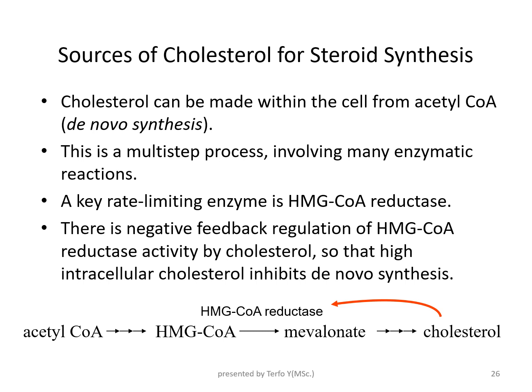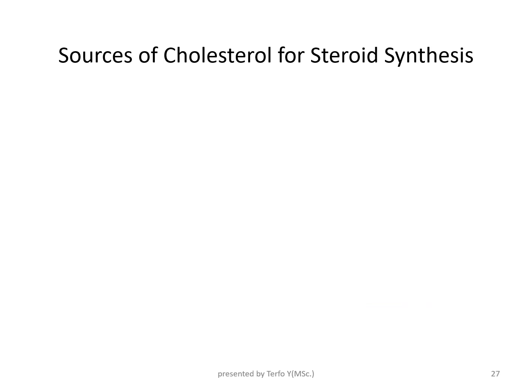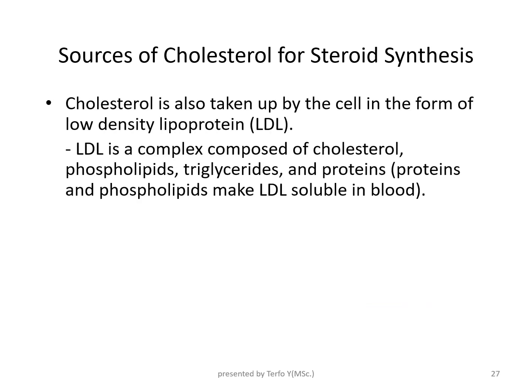So acetyl-CoA can be used to generate cholesterol, and this can be converted back to mevalonate or acetyl-CoA by different enzymes. Cholesterol is also taken up by the cell in the form of low density lipoprotein, LDL. LDL is a complex composed of cholesterol, phospholipid, triglyceride, and proteins.